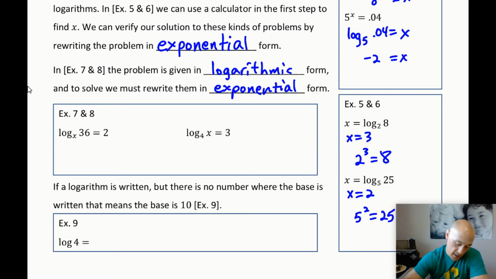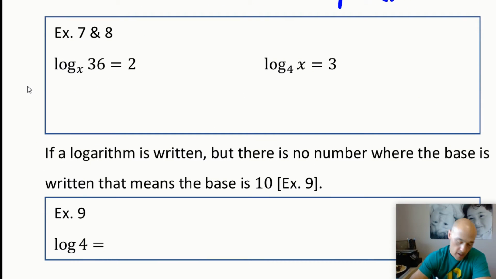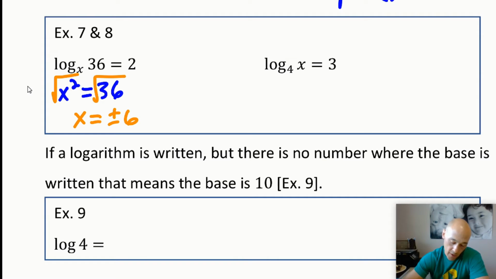So we can rewrite these as x squared equals 36. And then we can square root each side, and we get x equals, well, the square root of 36 is positive or negative 6. On the other one, 4 to the third power is equal to x.